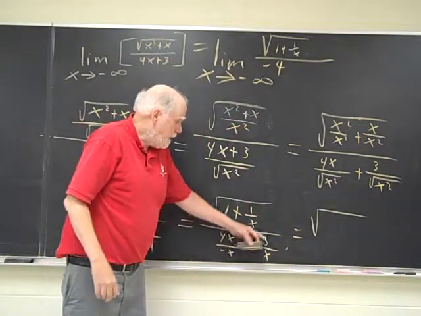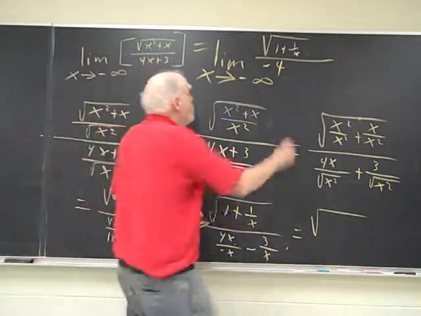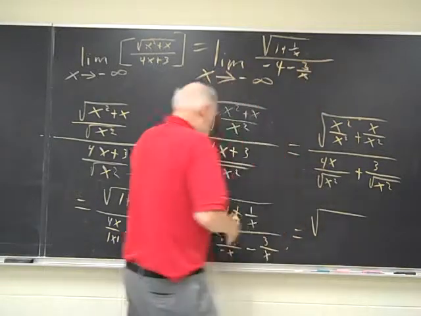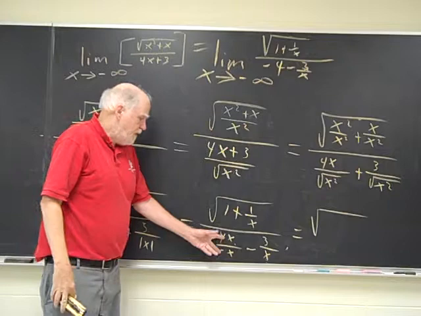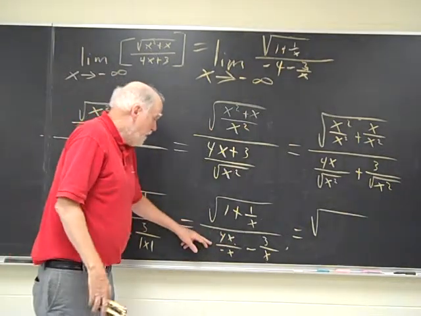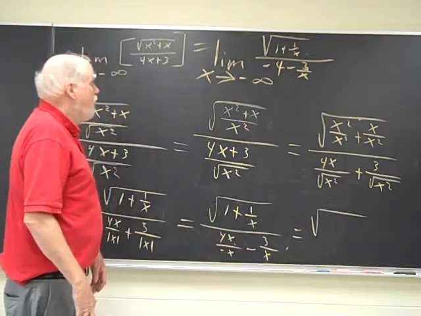And this is minus 3 over x. The x's cancel, and you're left with a negative still. If I had brought the negative out here, it would just be negative 4.